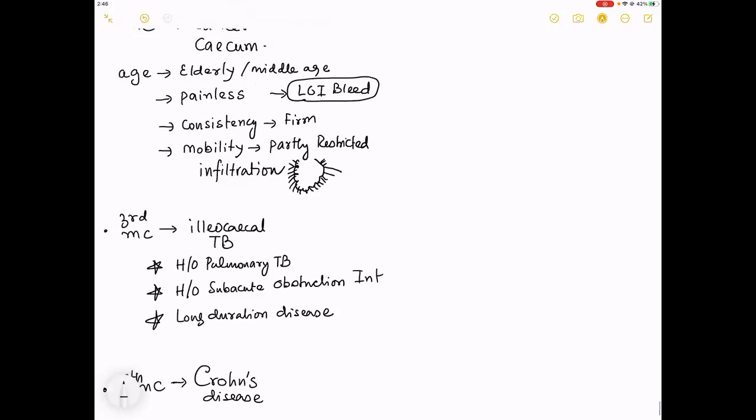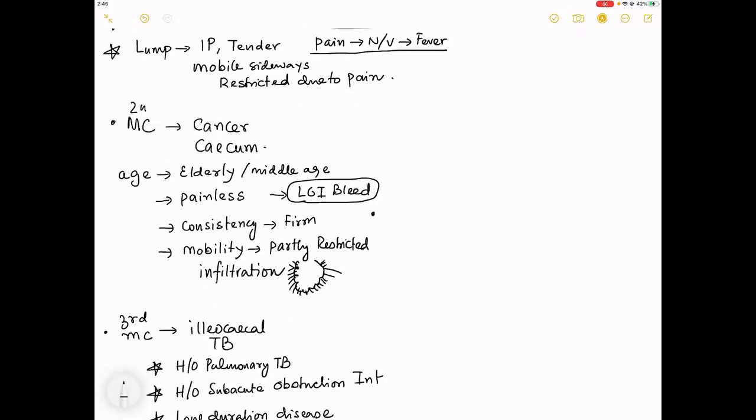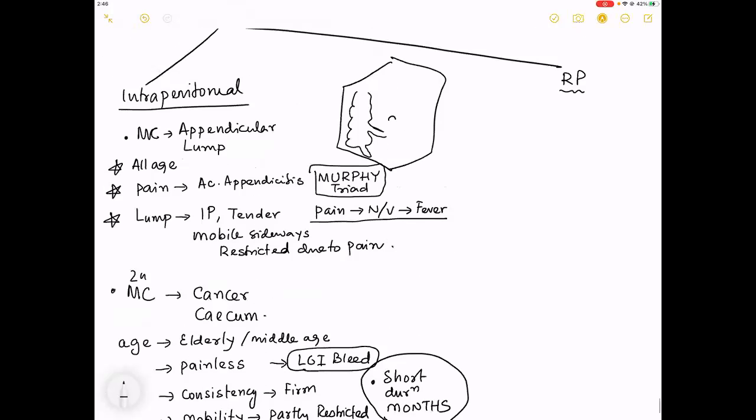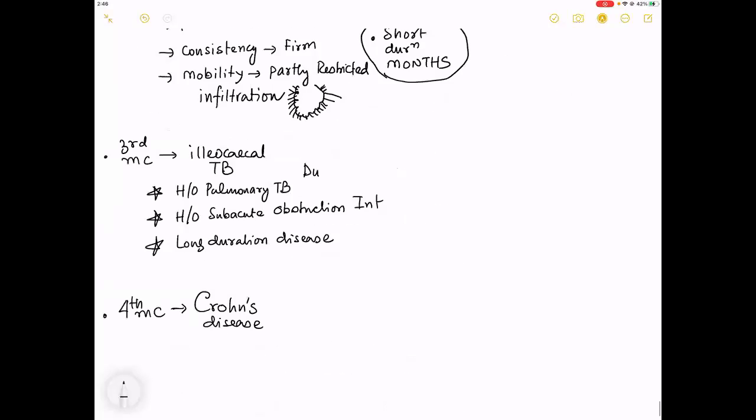I should have said here, the duration of the disease is short, duration of months. This duration is for how many things? Days. And this is for how many things? Maybe years.